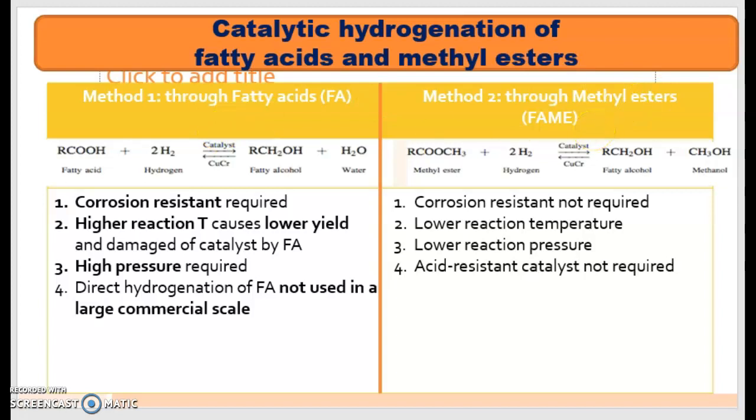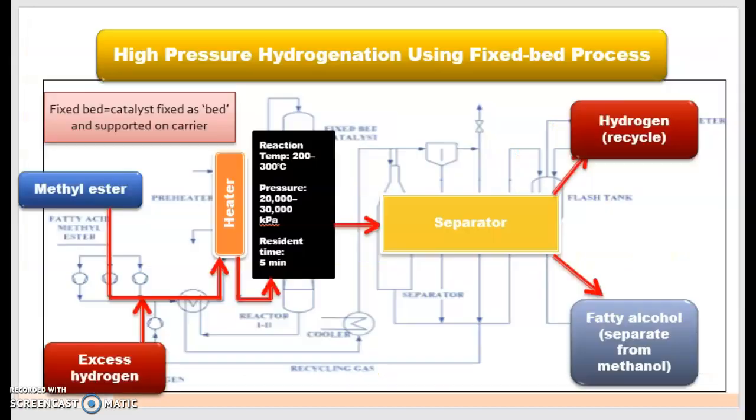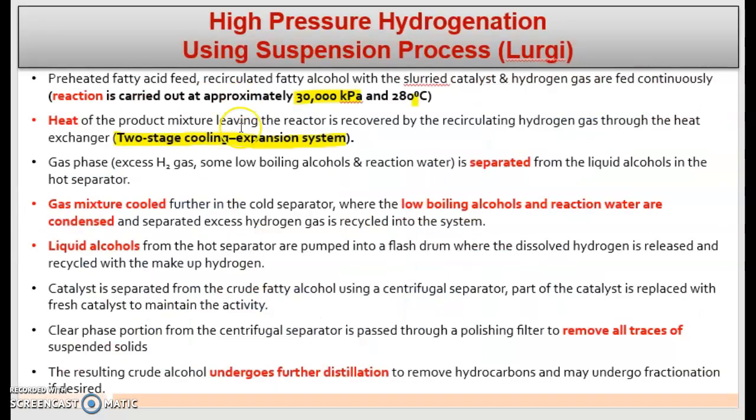We have two processes of the hydrogenations, which we call the fixed bed process or the suspension process. This depends on what types of catalyst is used. Okay, so we proceed with our suspension process.